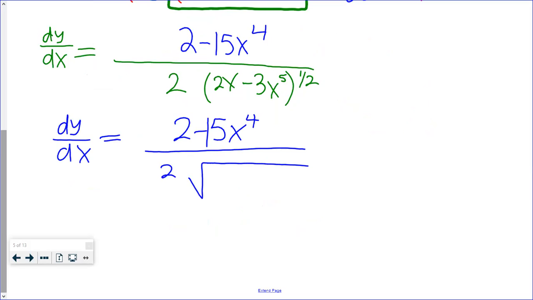I could take a possible x out if I wanted, but I'm just going to leave it like this right now. Notice there is no greatest common factor in the numerator, and even if we factored this, it can't be taken outside of the square root. It's still included inside of the square root. So I would leave my answer like this.